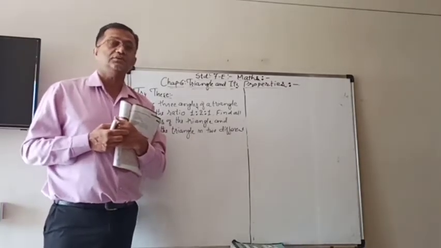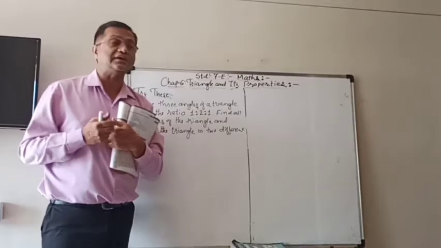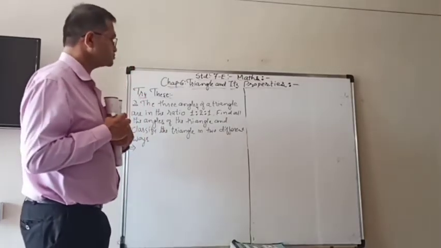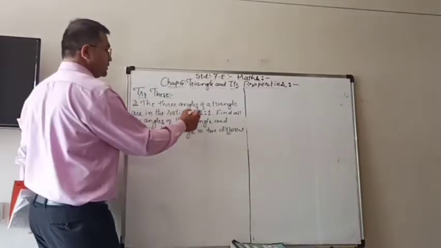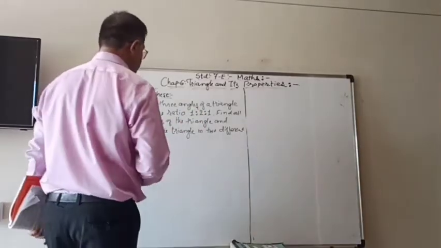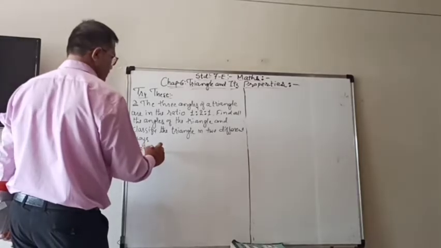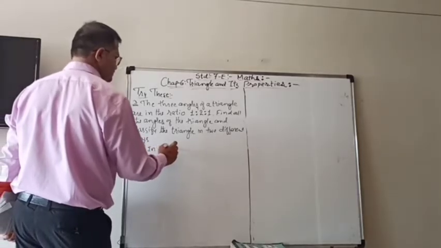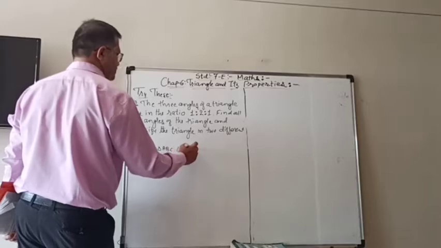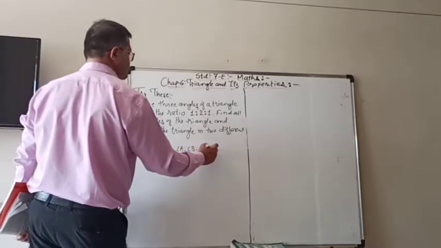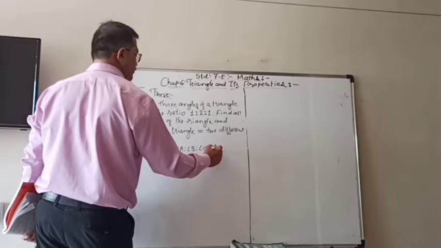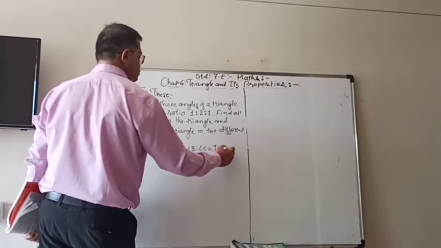And then we have to find all the angles of the triangle. So here when ratios are given, we can say, let in triangle ABC, angle A is to angle B is to angle C is equal to 1:2:1.